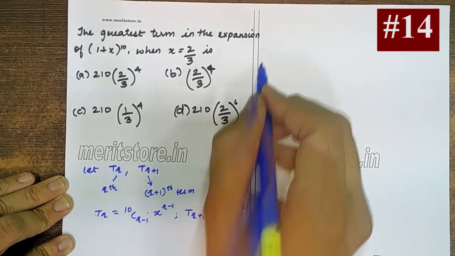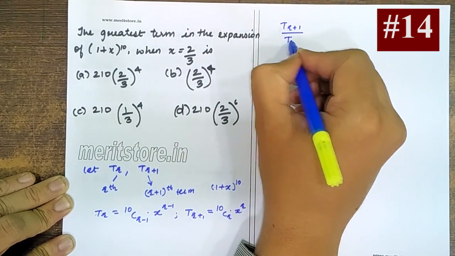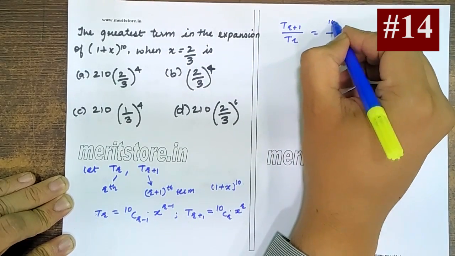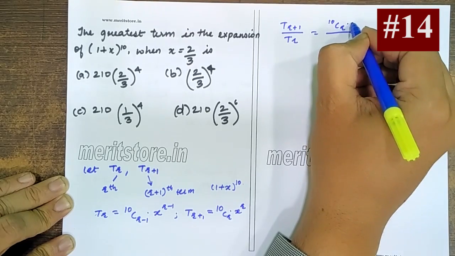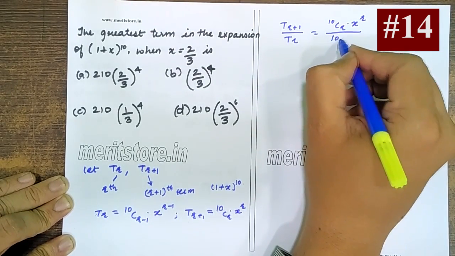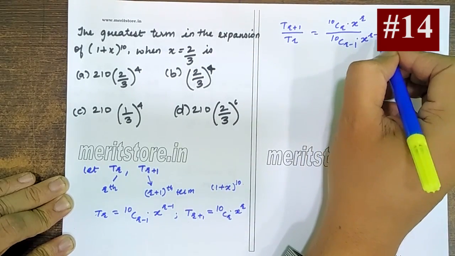Now by taking the ratio of tr plus 1 upon tr, we'll get 10 cr x raised to r upon 10 cr minus 1 x raised to r minus 1.